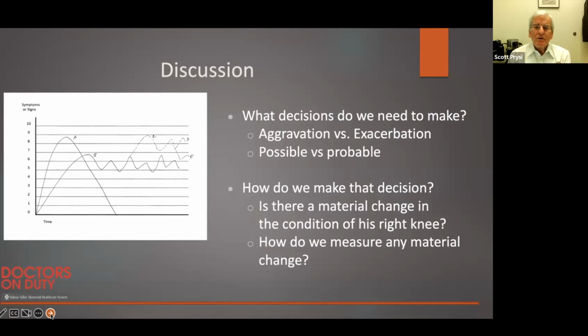So we want to state whether we think this is an aggravation or exacerbation, and whether our decision about that is probable, more likely than not that that's actually the case. And then how do we make that decision that there's a material change? And how do we measure any material change? So let's go to the next slide.